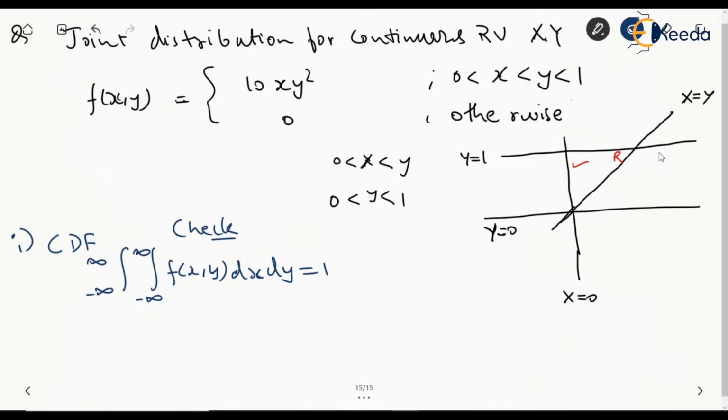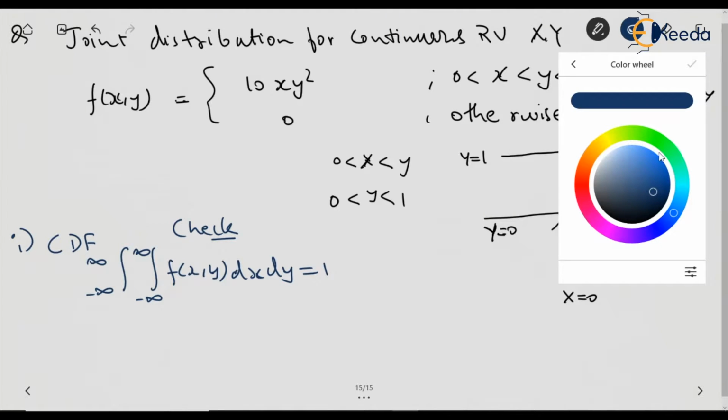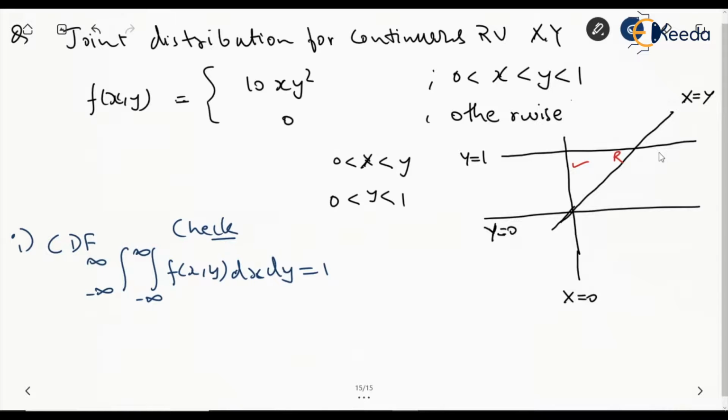right? So now I take it that you understand the double integral. First we are integrating in terms of dx. So if we are integrating in terms of dx, you need to take a horizontal element. Let's say this is the horizontal element. This is the starting point or lower limit, and this is the end point or upper limit, right?